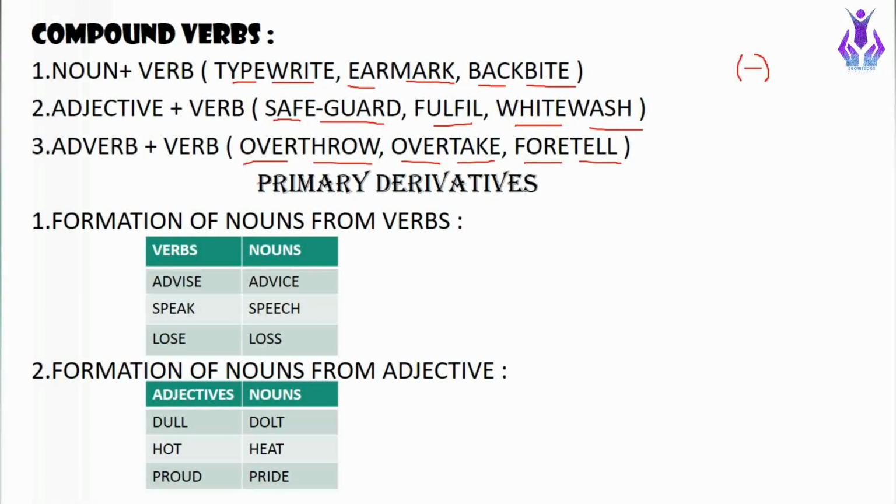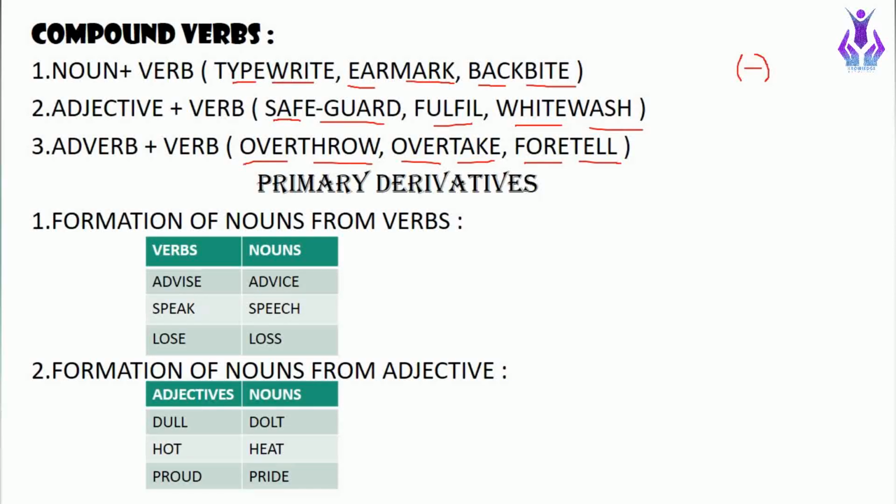In most compound words we put a hyphen because the two primary words, the noun, verb or adjective, are partially blended. It is because the accent of one word falls equally on both parts of the compound word. Okay, now primary derivatives.